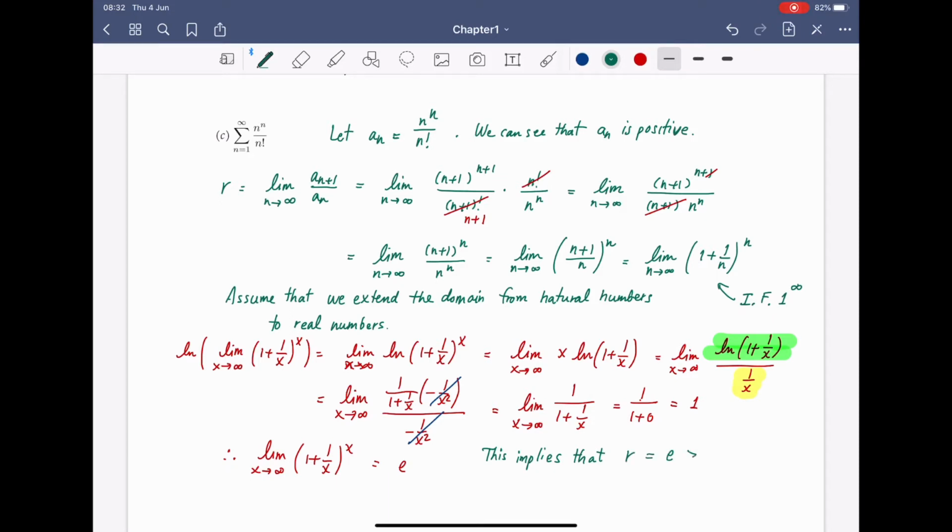That means it is bigger than 1, because e is 2.7. So that means the series is divergent. So we conclude that the series is divergent.